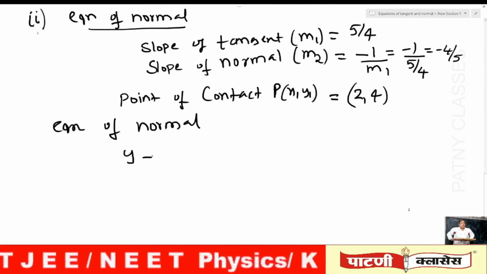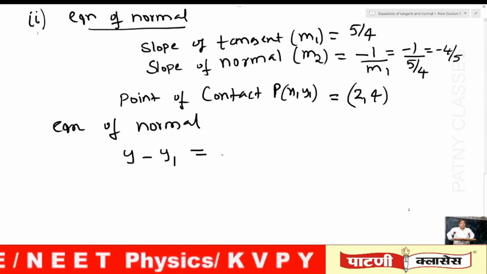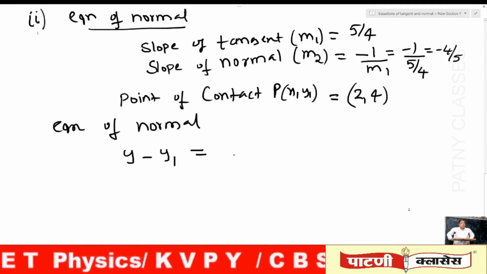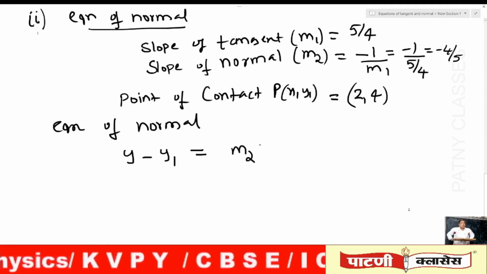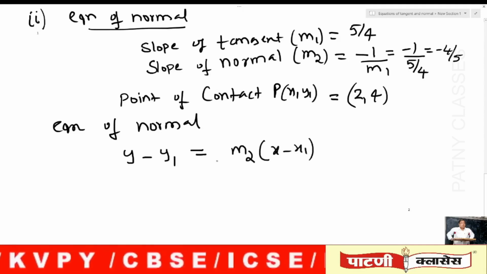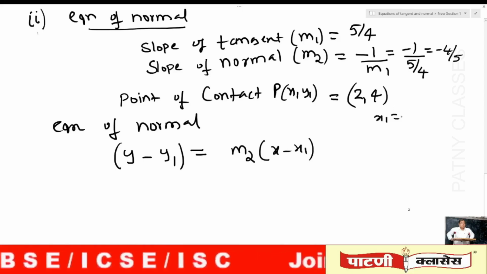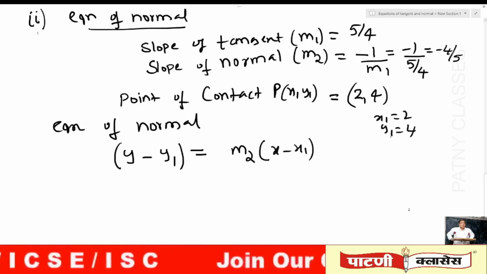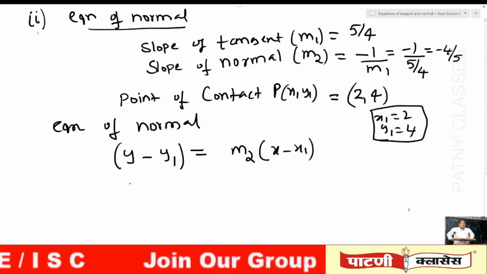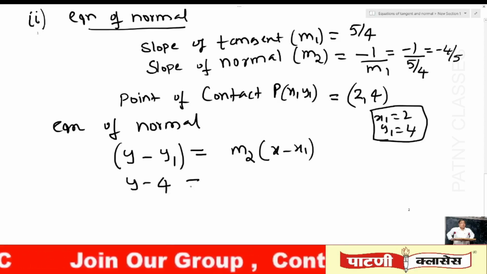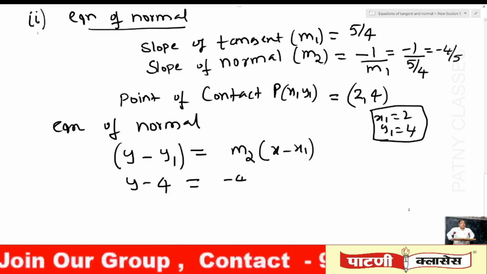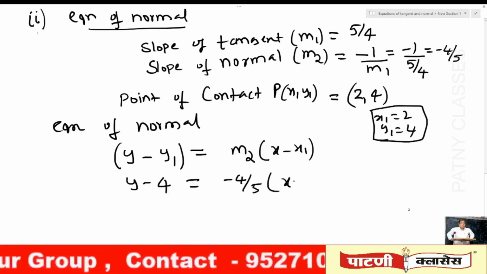For tangent we used m1, now for normal we use m2. So y minus y1, that is 4, equals m2, which is minus 4 upon 5, times x minus x1, where x1 equals 2.